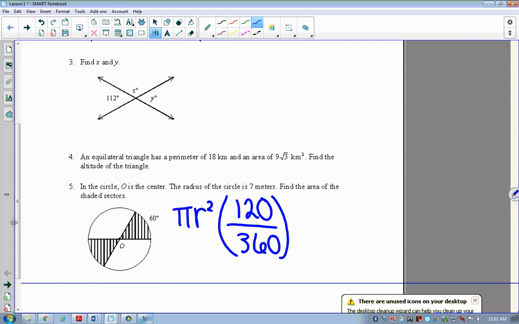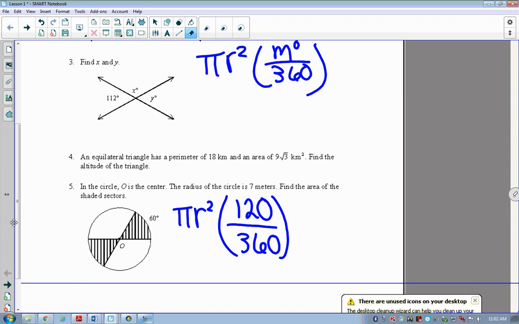So the formula that you're using is pi r squared times measure in degrees over 360. Now, we already know what our radius is, don't we? So we need to replace this with pi 7 squared, or 49 times 120 over 360.